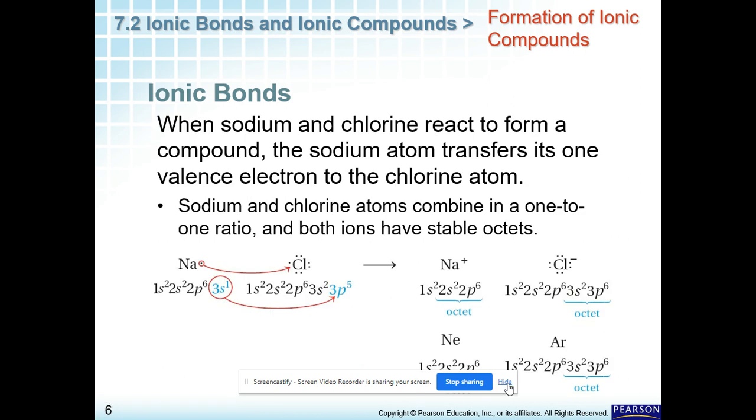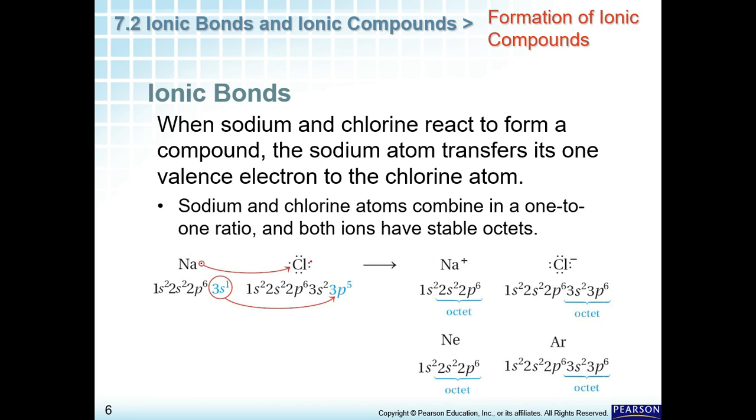A good example of this, if we're looking back at what we started with, is that sodium chlorine example. When sodium and chlorine react to form a compound, the sodium gives up the one valence electron that it has, and it transfers it to chlorine because chlorine wants it. Remember, sodium is willing to give up the 1 because it's way harder to try to take 7.